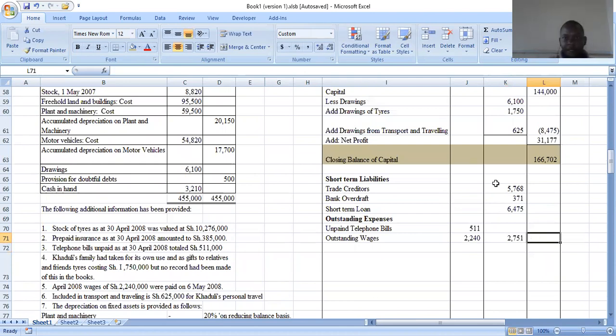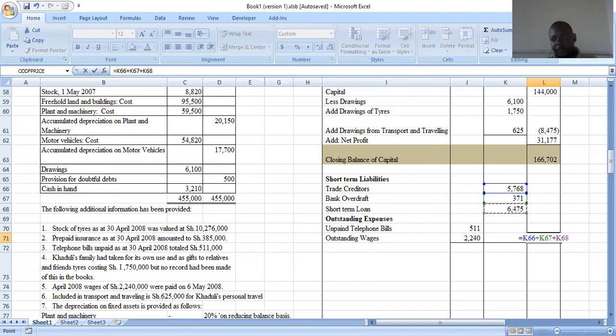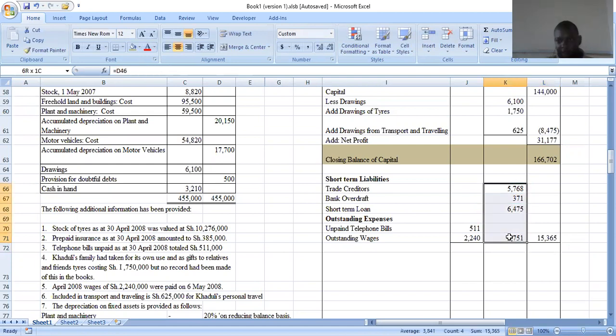That is trade creditors plus bank overdraft plus short-term loan plus the outstanding expenses. So in total, this is equal to 5768 plus 371 plus 6475 plus 2751, which is 15365.